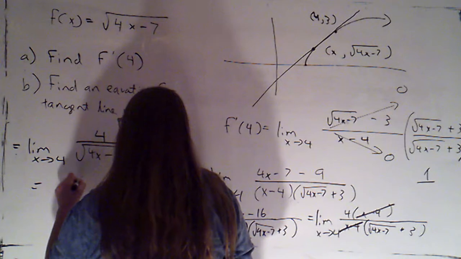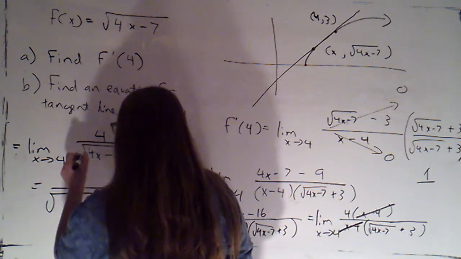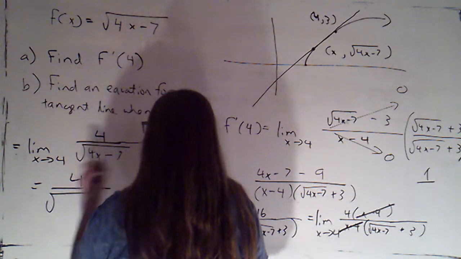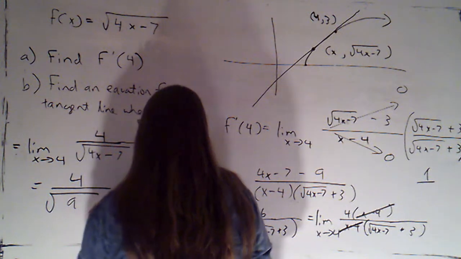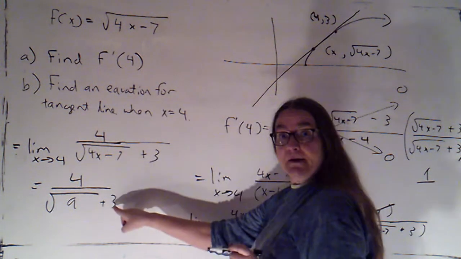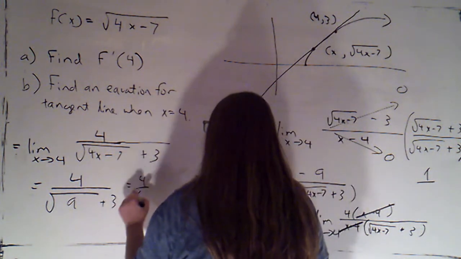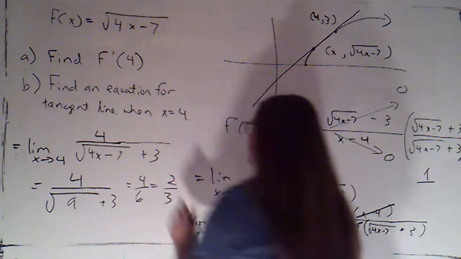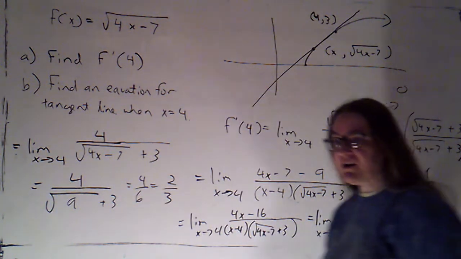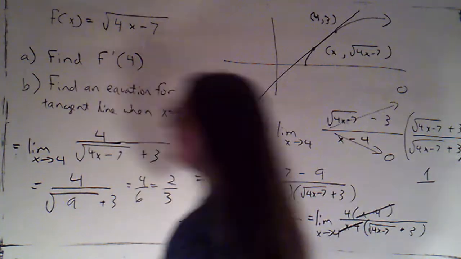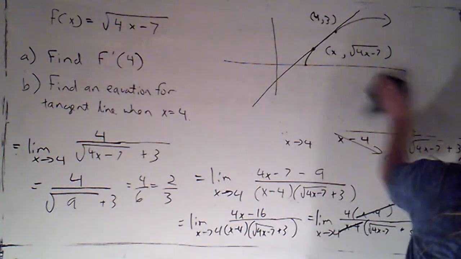So this is just 4 over root 16 minus 7, which is 9, plus 3. That's 3 plus 3 on the bottom, so we get 4/6 or 2/3. So that's our answer for the slope of this tangent line.